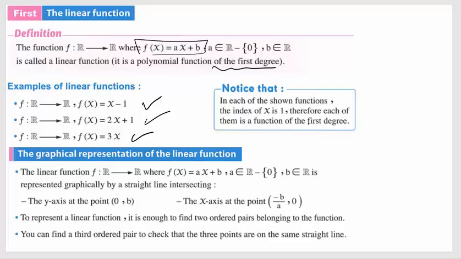So the intersection with the y-axis is the point 0 and b, as in the standard form f of x equals ax plus b, where a is the coefficient of x and b is called the absolute term, which has no variable behind it. And the intersection with the x-axis is negative b over a and 0.